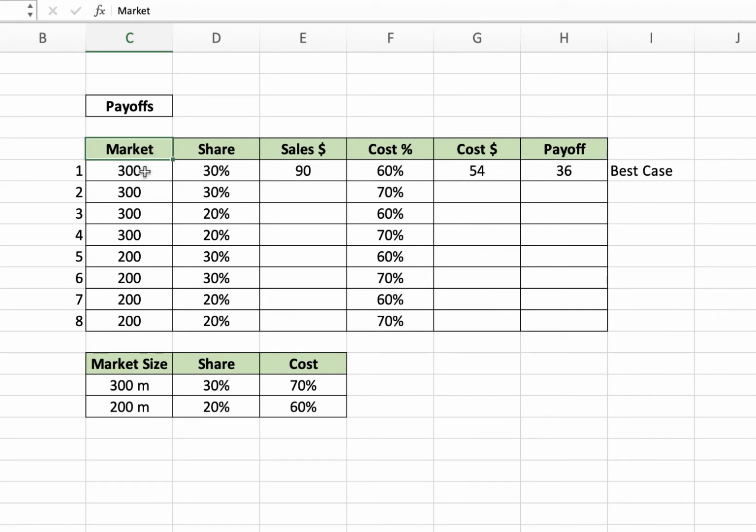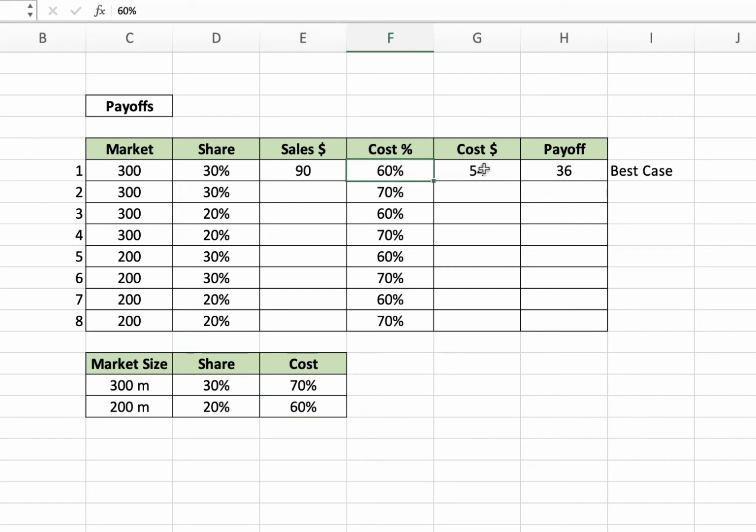For example, the best case scenario would be the large market and the large share, which is going to produce 90 million in sales, simply 300 times 30%. If it were the best case scenario, they would get the low cost.